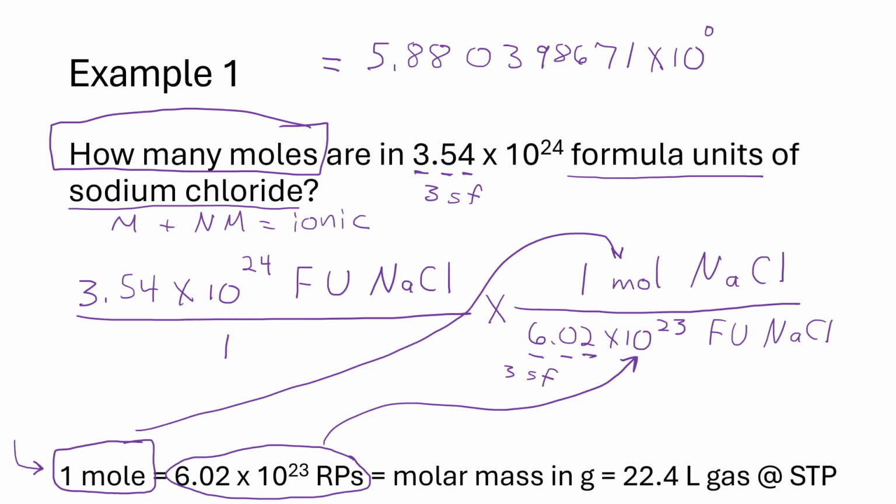And when we're multiplying and dividing, we round to the smallest number of sig figs. So if I'm going to round to 3 sig figs, I'm going to end up here with 5.88. Now, in terms of units, formula units of salt cancel with formula units of salt, leaving just moles of NaCl. All right, let's take a look at the next one.